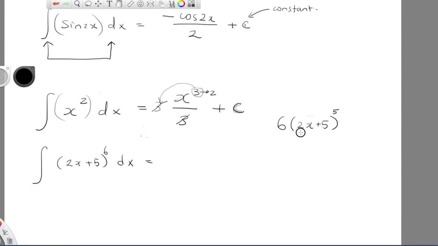Because this is not x. If this whole thing was just x to the power of 6, then you will get 6x to the power of 5, right? But if you have 2x plus 5 to the power of 6, and you differentiate that, then you get 6 to the front, and this whole bracket to the power of 5.